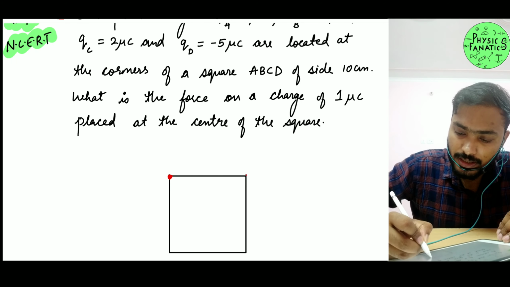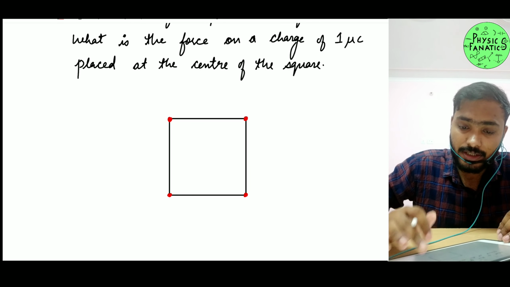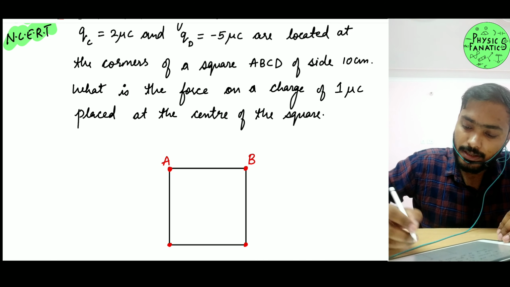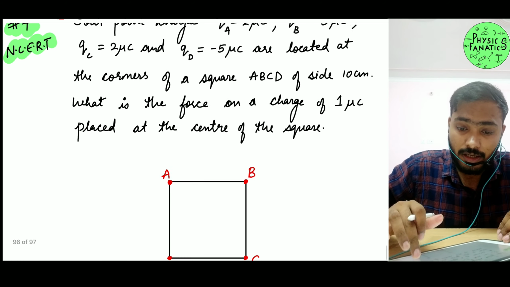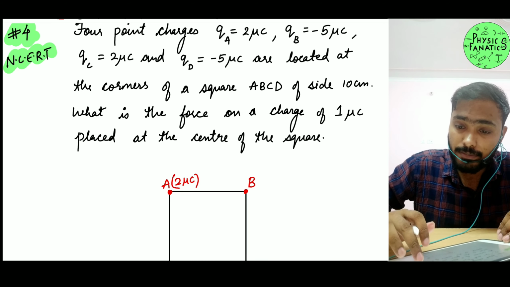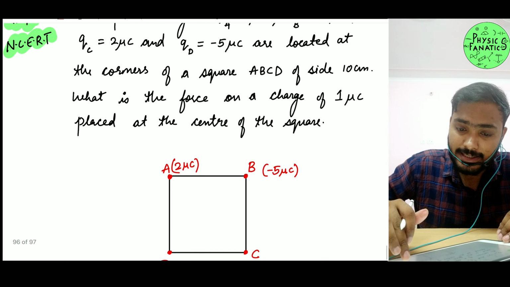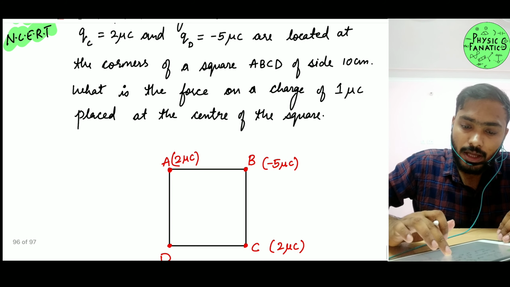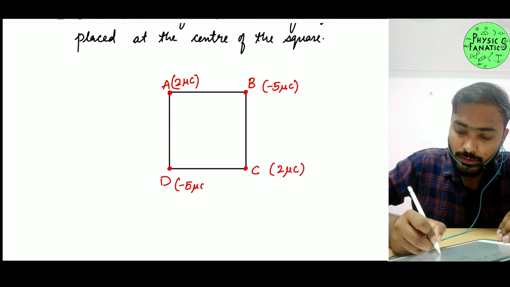Let's say this is A, this is B, this is C, and this is D. A has 2 microcoulomb charge, B has minus 5 microcoulomb charge, C has 2 microcoulomb charge, and D has minus 5 microcoulomb charge.